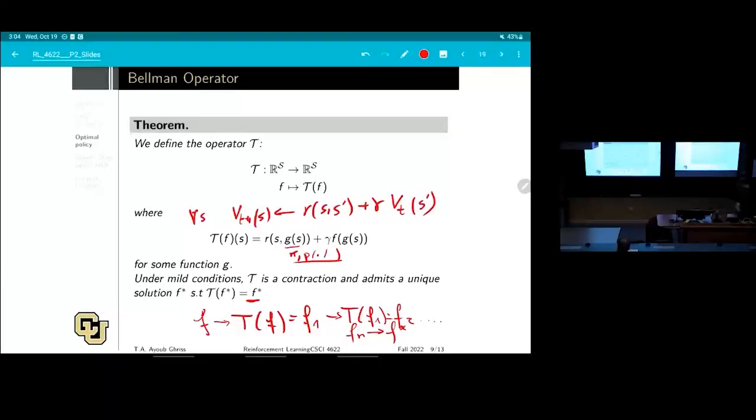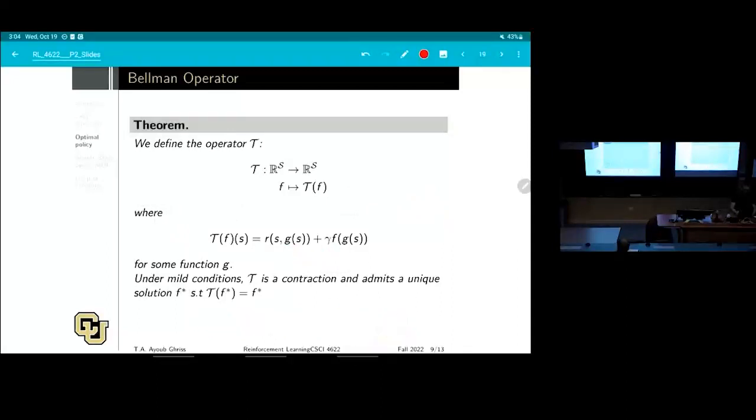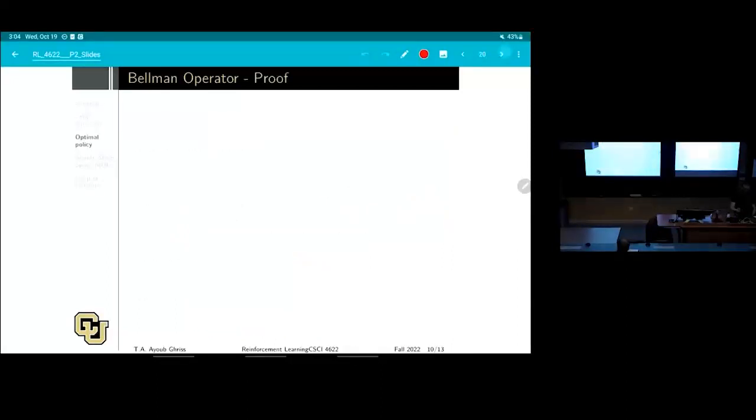All right. So if I start from a random value function and run this update multiple times, I'm going to converge to the solution of the linear equation that I had before. This is a classical proof. The first argument that we use is to show that the operator T is a contraction.